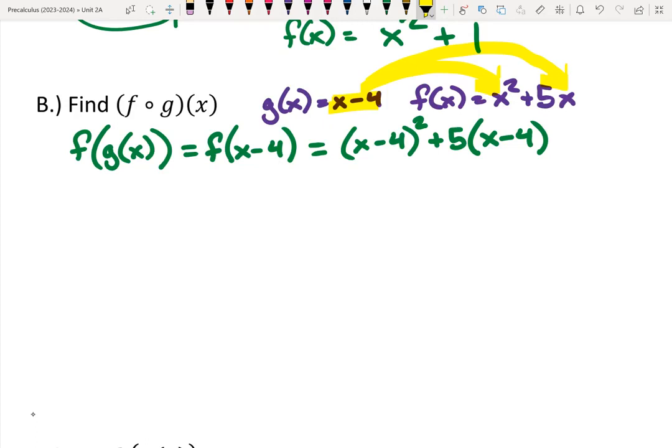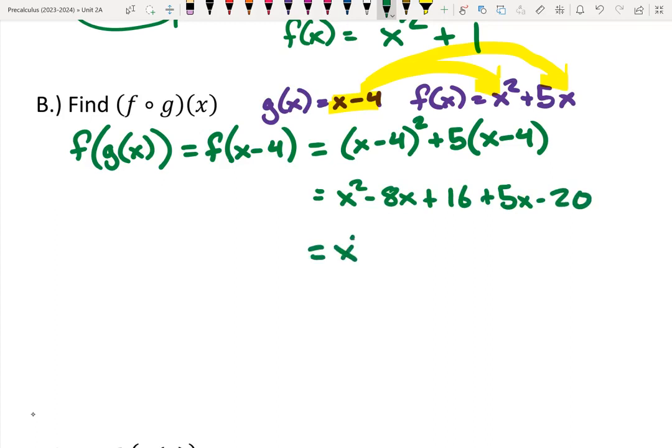Now this we can go ahead and simplify. So that would be x squared minus 8x plus 16, I believe. I can also distribute the 5, so that'd be 5x minus 20. So I get x squared minus 3x minus 4.